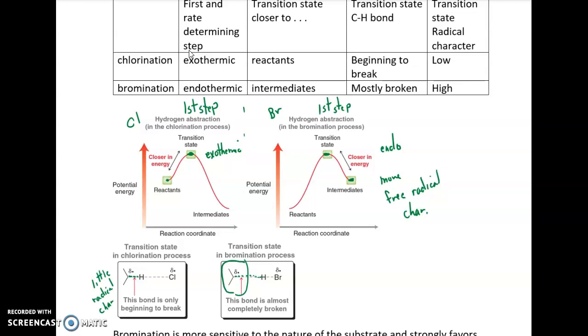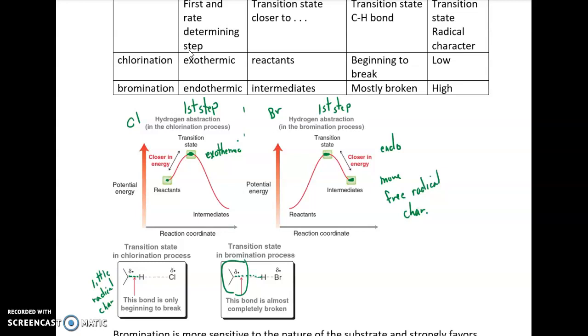This table up here is just a summary, I think, of what I just said. Chlorination, the first and rate-limiting step is exothermic. Because of that, the transition state is closer to the reactants. And so it matters more what kind of radical character it has.